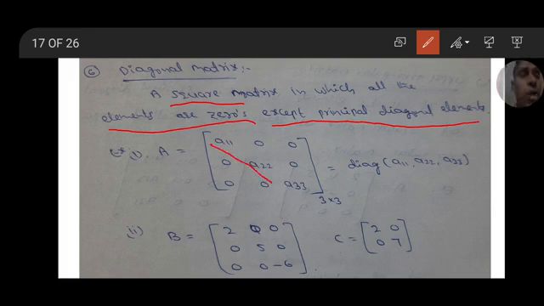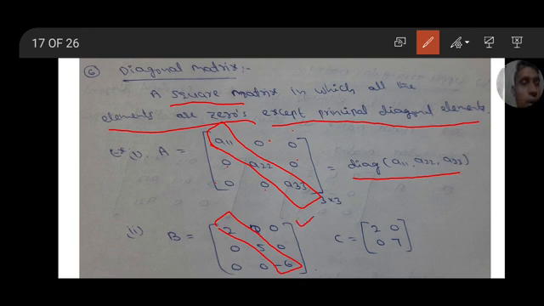If, except the principal diagonal elements, all remaining elements are zeros, it is called a diagonal matrix and it is denoted by diag of A11, A22, A33. For example, 2, 0, 0, 0, 5, 0, 0, 0, minus 6. The principal diagonal elements are not equal to 0, remaining elements are 0. It is a diagonal matrix.